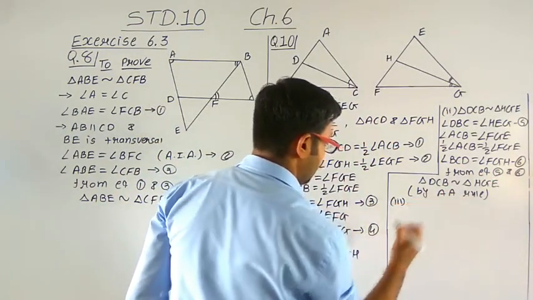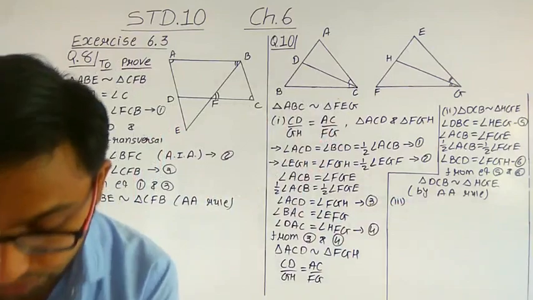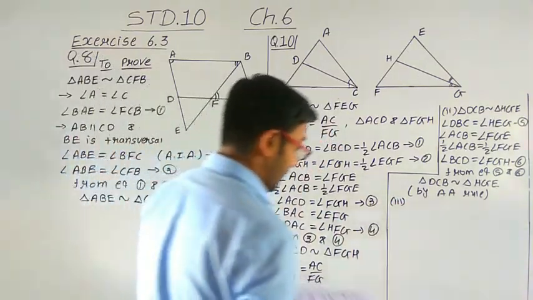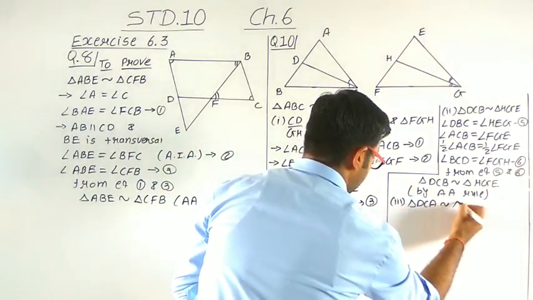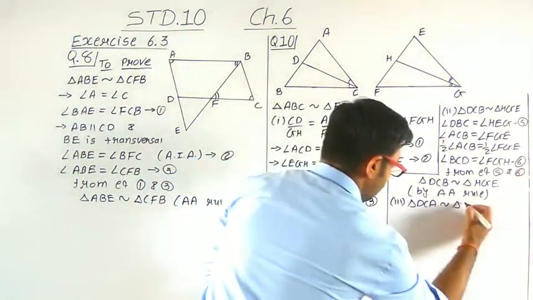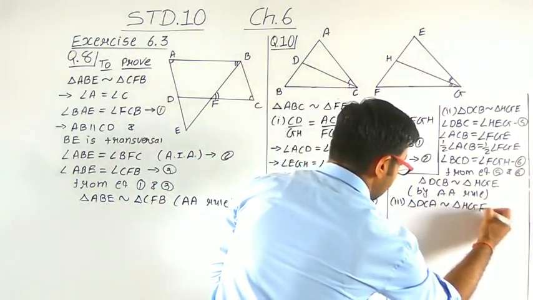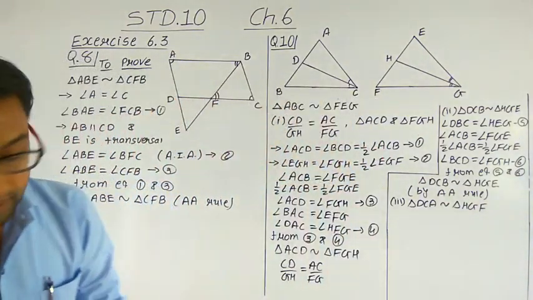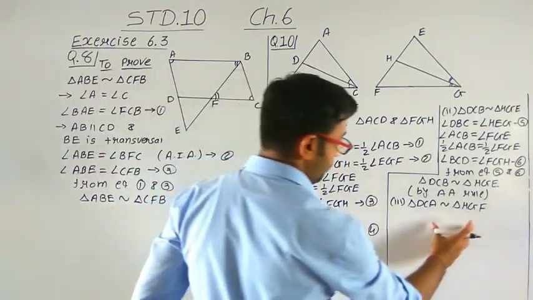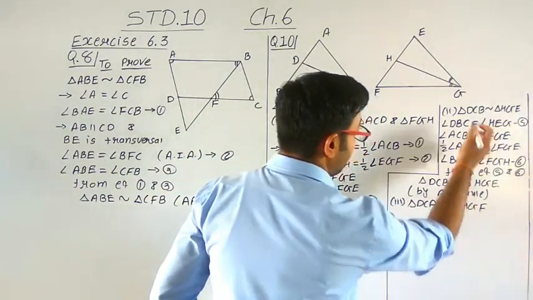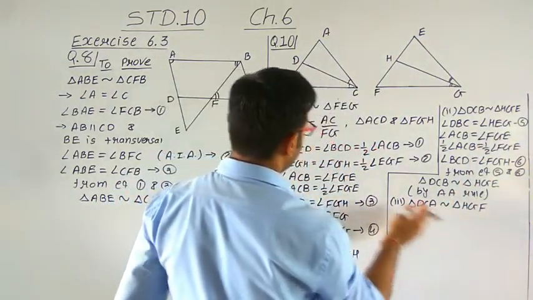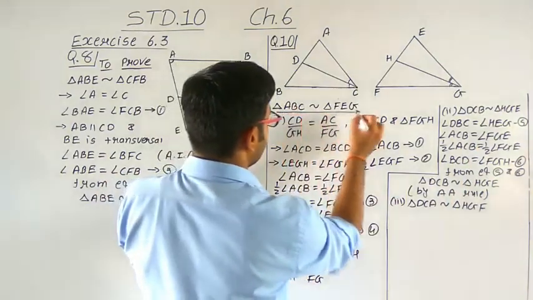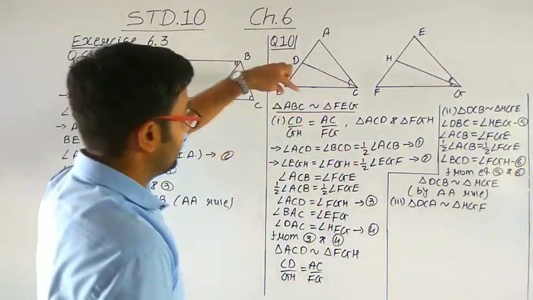Now let us study the third thing that we have to prove. The third one is triangle BCA is similar to triangle HGF, right? The same thing we have to do here, whatever we did before. See, in both these triangles, from the given condition, which angle can we take?